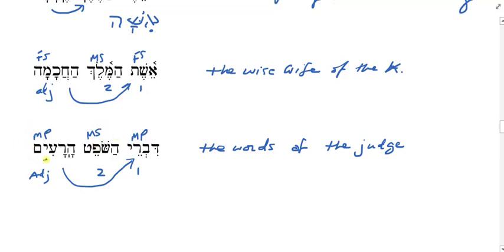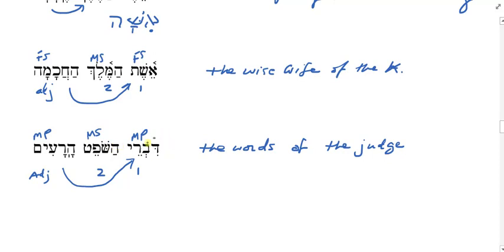And attributive adjectives agree with their nouns in what three ways? Gender, number, and definiteness. Oh, wait a minute. Divrei doesn't have an article on it. Oh, it is definite? How? What's that? Because thing two is definite.